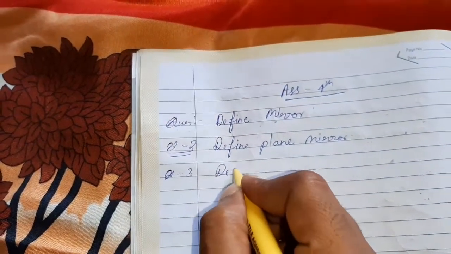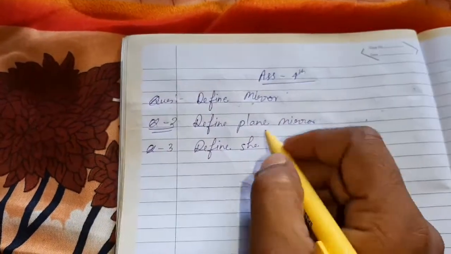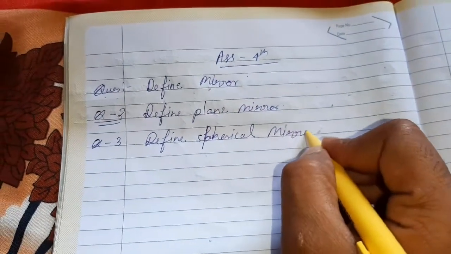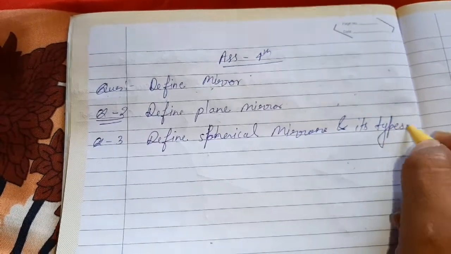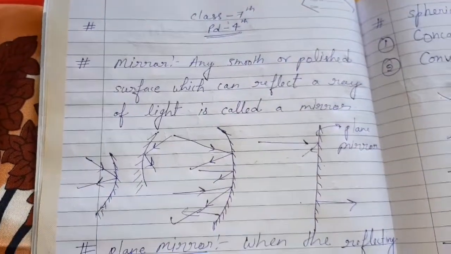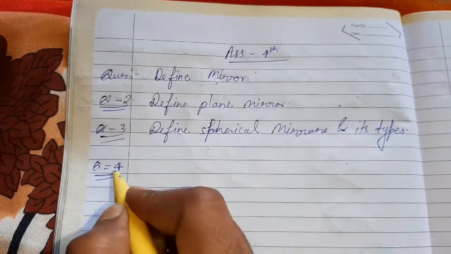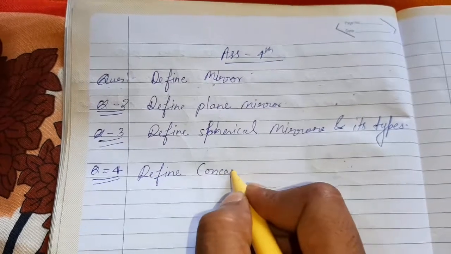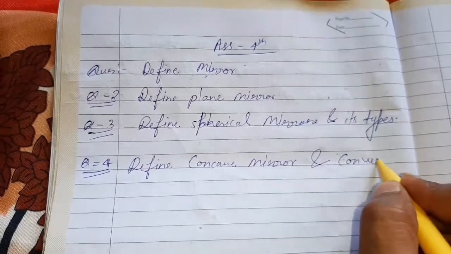Question number 3, define spherical mirror, spherical mirrors and its types. Okay, these 3 questions are important for you from today's class. And question 4, define concave mirror and convex mirror.